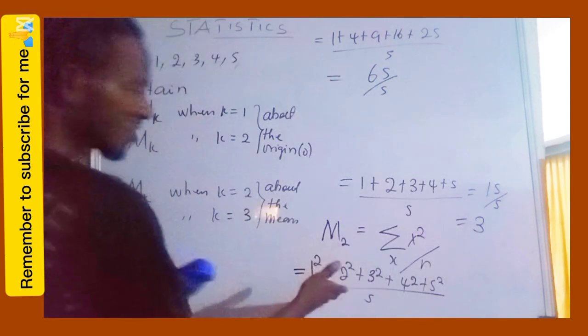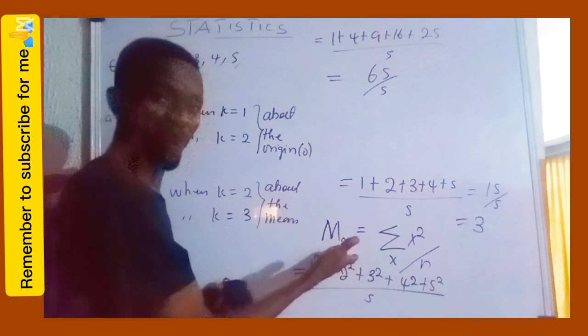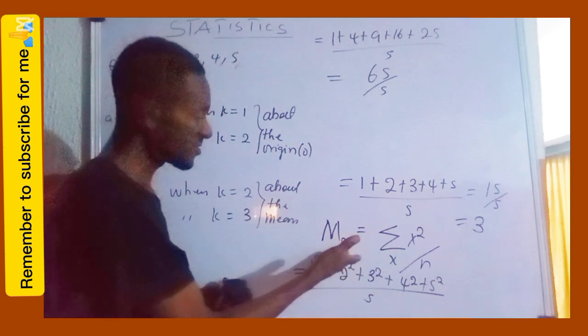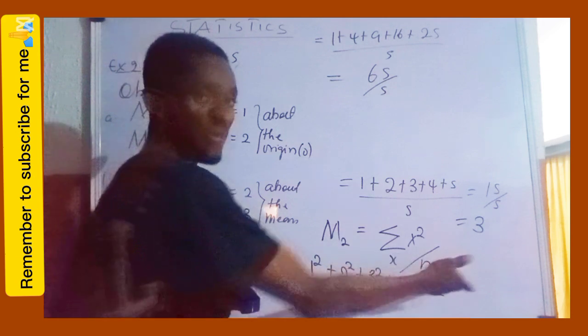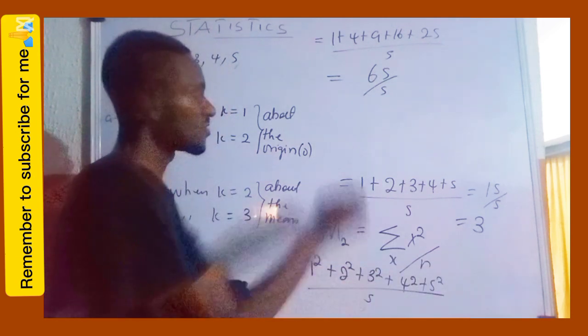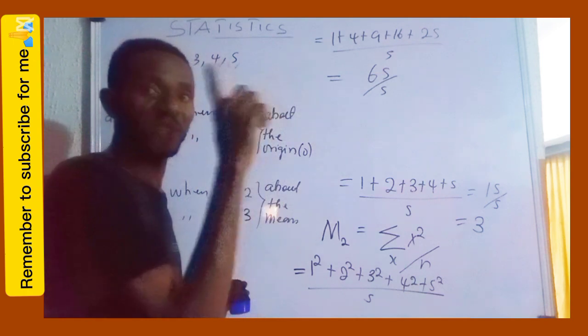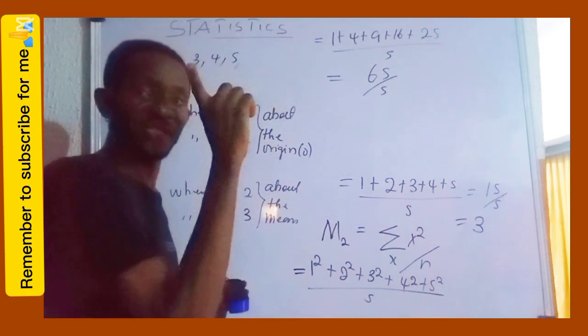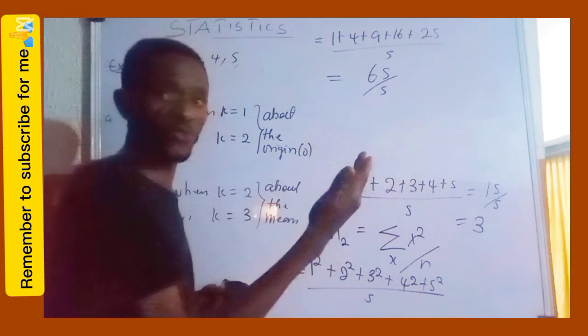So permit me to clean here as a fast recap. For moments about the origin, when k is equal to 2, square the observations before you divide. When we treated the first moment, first means the power is 1, and anything raised to power 1 is the same thing. That was why we simply summed without squaring.